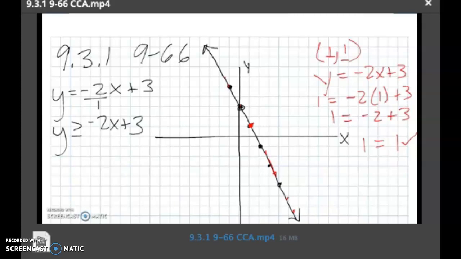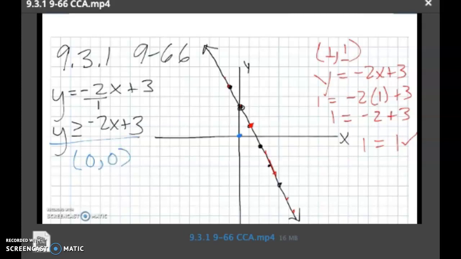A good point to test, because you get nice numbers and things go away, is the point 0, 0. As long as that's not on your line, that's a nice point to substitute into your inequality.